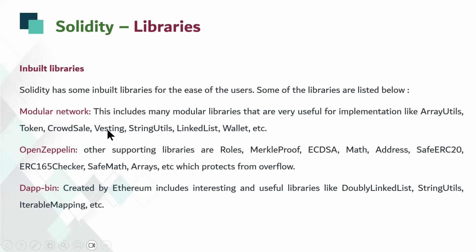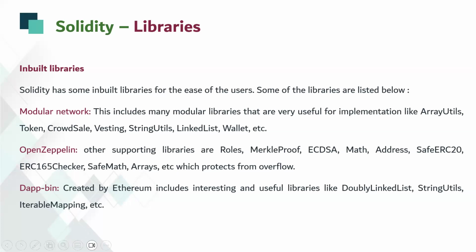So that is all the information about modular network. And another inbuilt library, we have these libraries. It's a popular open source framework that provides a collection of secure and audited smart contracts and libraries.